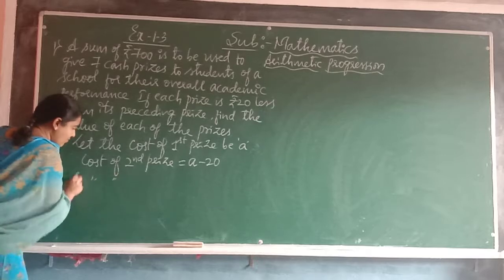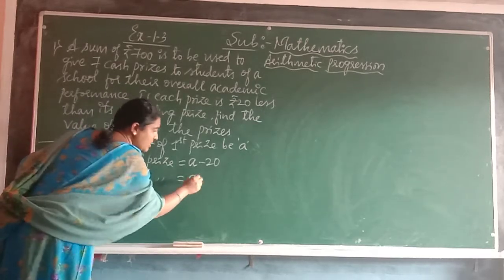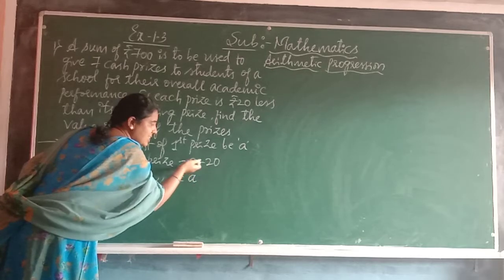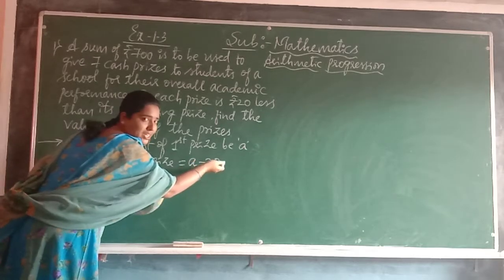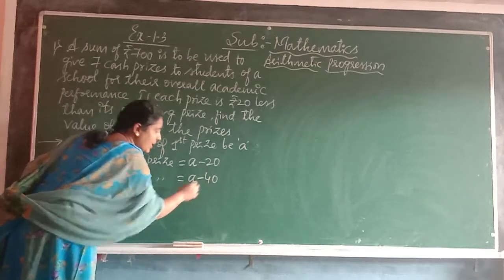And the cost of the third prize is 20 rupees less than this, that is A minus 20 minus 20, we will get A minus 40.